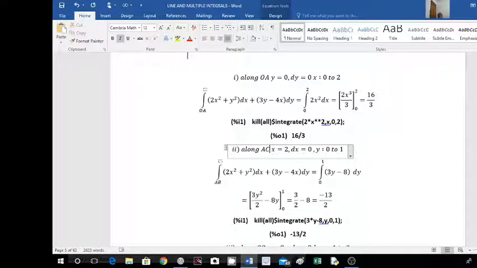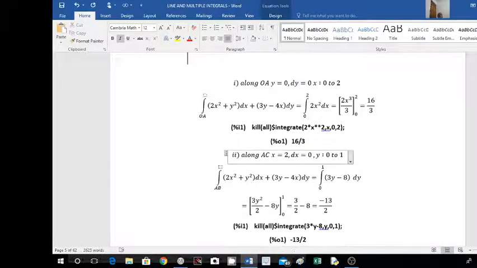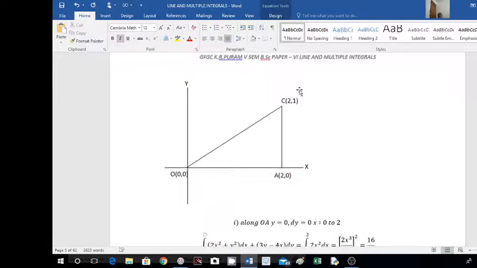And next, what is the equation of this line CO? This is a line joining 2 points, (0, 0) and (2, 1). The equation of the line joining 2 points is given by (y minus y1) divided by (y2 minus y1) equal to (x minus x1) divided by (x2 minus x1).